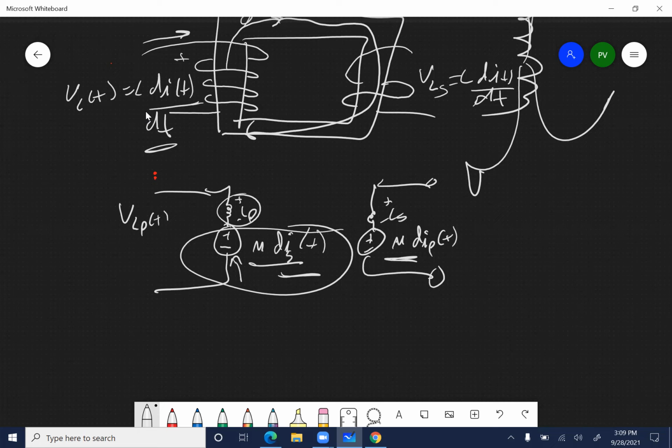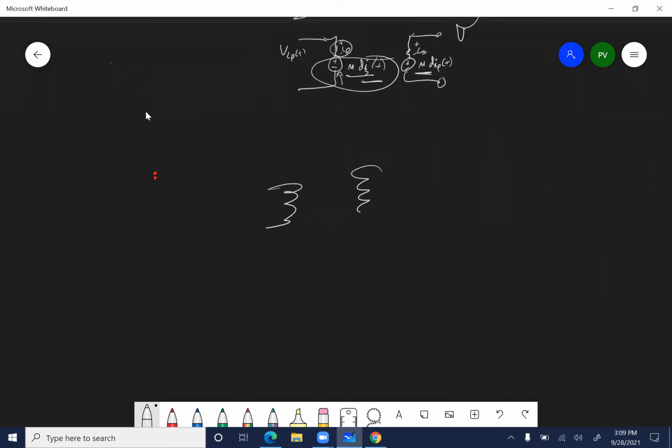So how do you step the voltage up or down? You just have more turns. So this is going to say the number of turns times I on the primary, and the number of turns times I on the secondary should be the same, because there's something called magnetomotive force, which is what's going to drive that voltage, that mutual coupling.